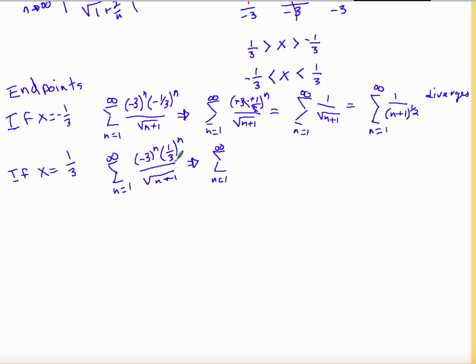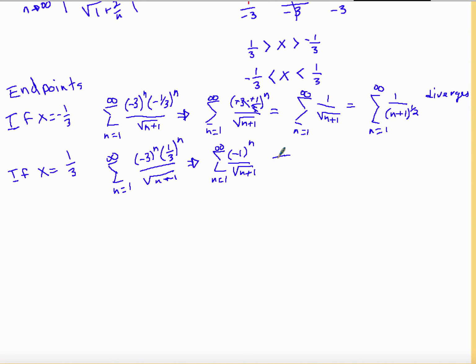Negative 3 times 1/3 is negative 1. Now, this is an alternating series. In an alternating series, it converges if the limit as n goes to infinity of the non-alternating part goes to 0. So let's look at it.